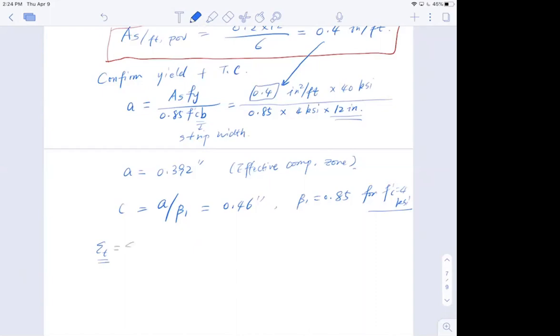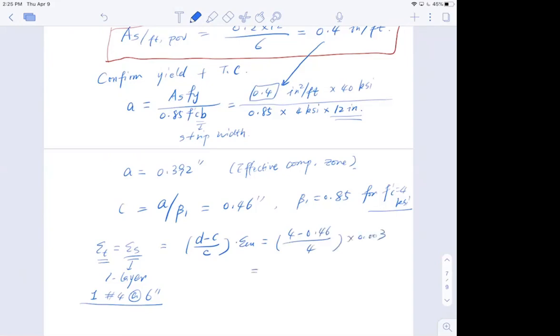In this case, I assume it's one layer, because it's number 4 bar at 6 inches, so one number 4 bar per 6 inches, one layer of reinforcement. That equals d minus c divided by c multiplied by epsilon cu. This is 4 minus 0.46 divided by 0.46, and epsilon cu is 0.003, and I have a strain of 0.03, 10 times that, and it is bigger than 0.0207, which is the yield strain, so yield.